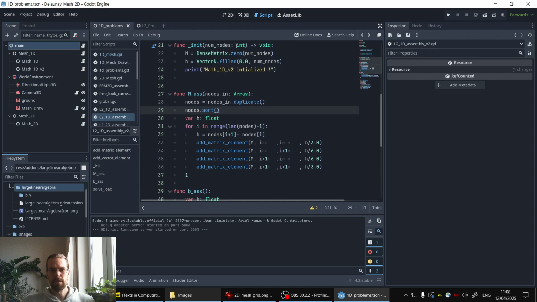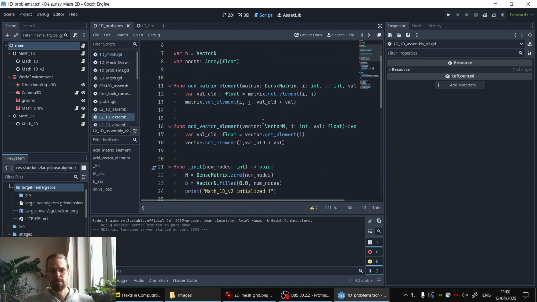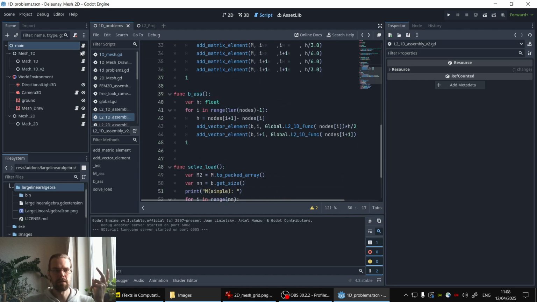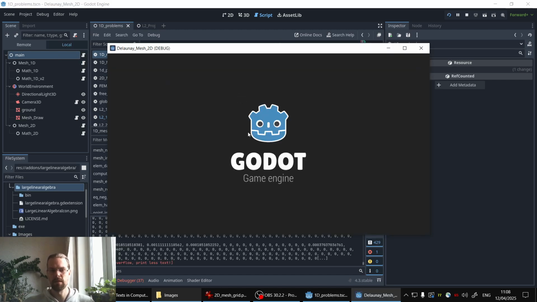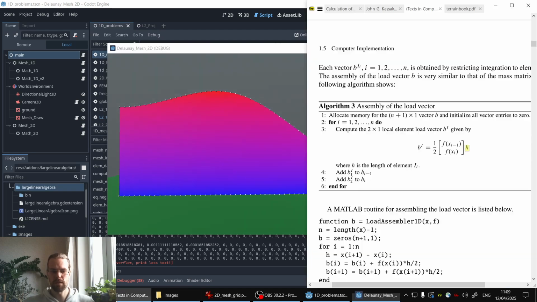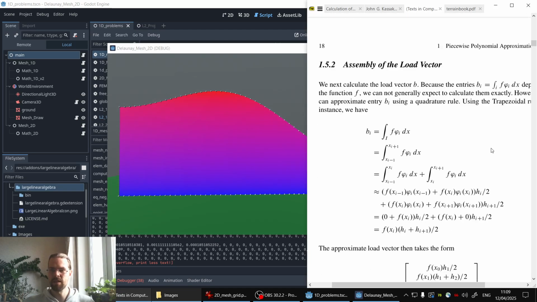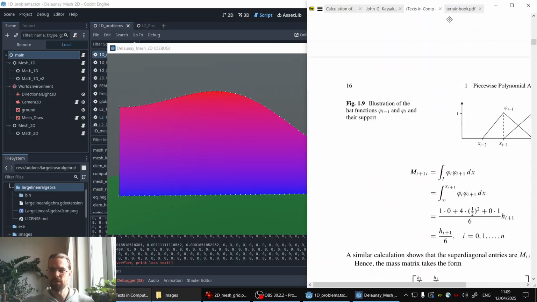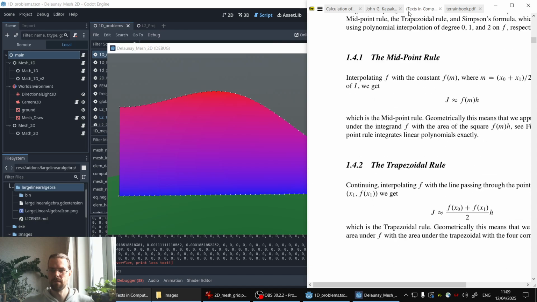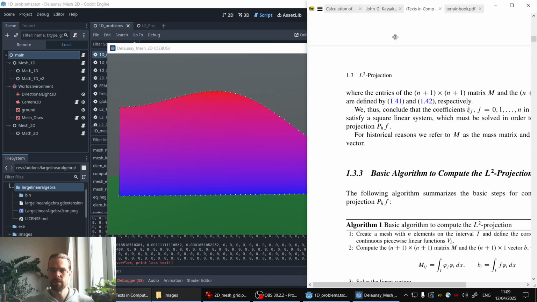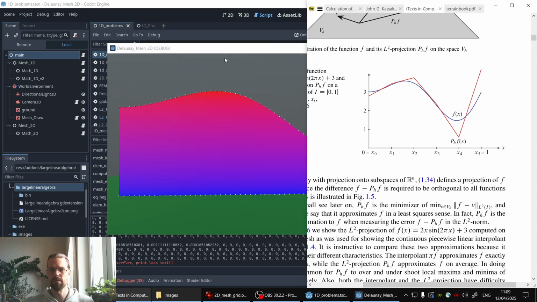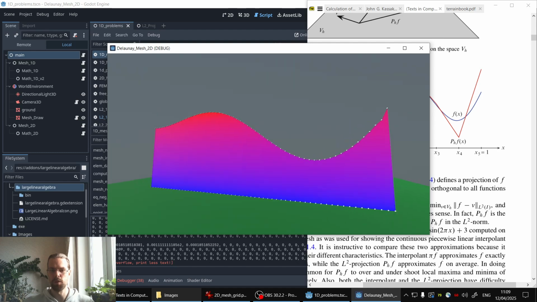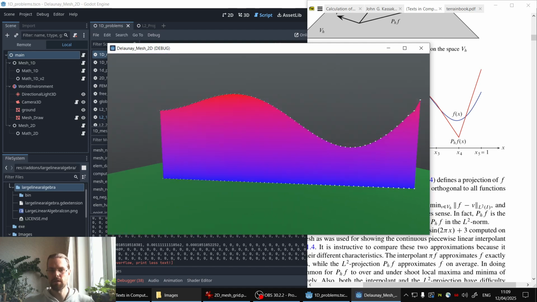And let's see. I have this switch to use the simple or more advanced method. And what we have to see, of course, is the same curve as we had in the first video. It's rescaled a bit in the y direction because of plotting. So yes, this is the same function.